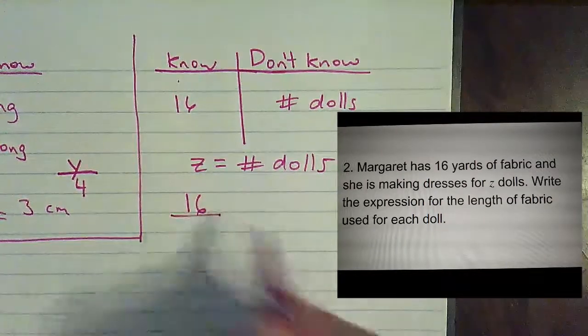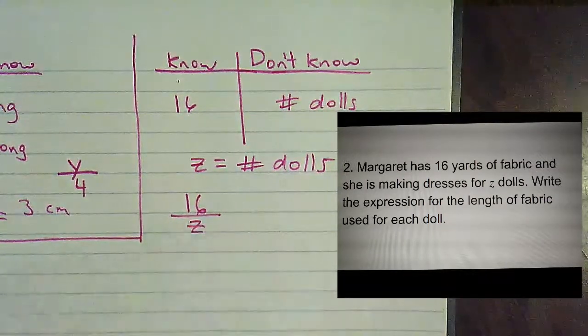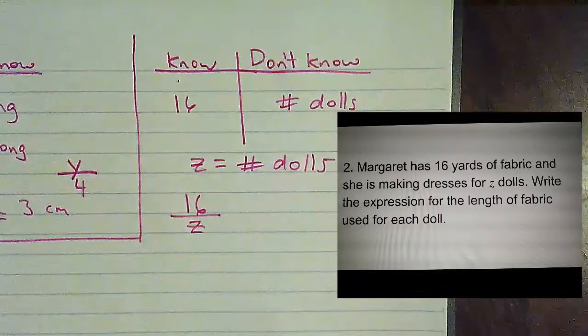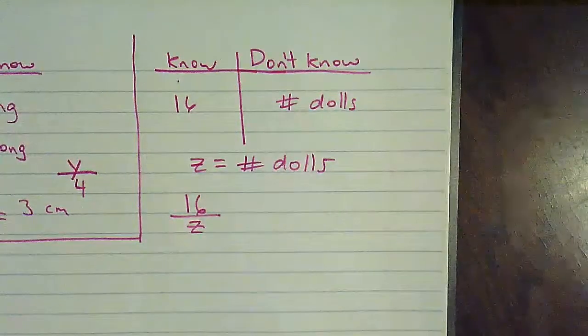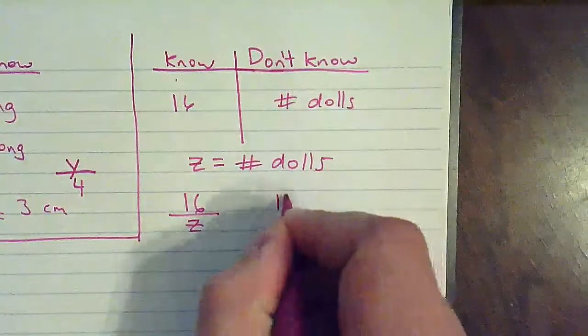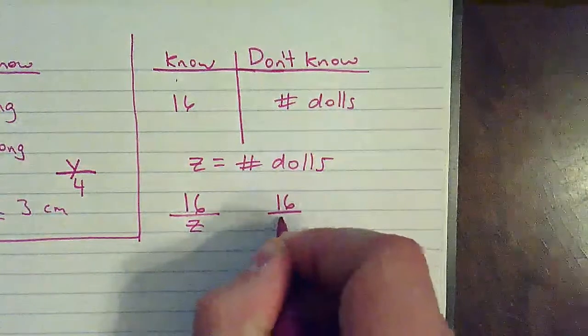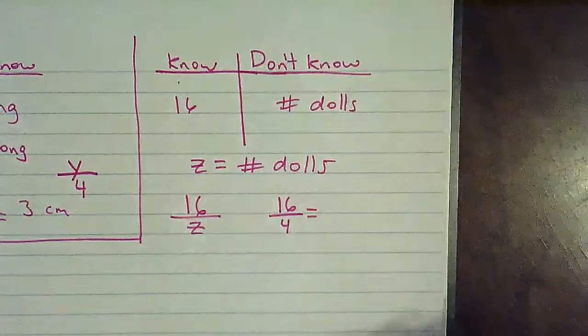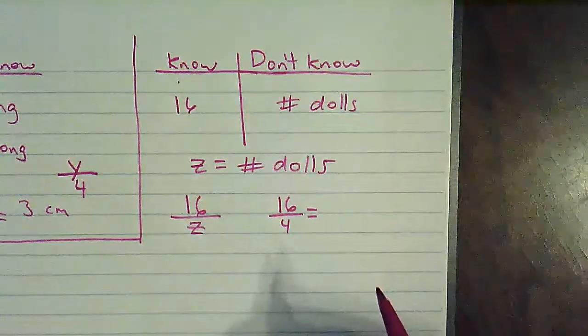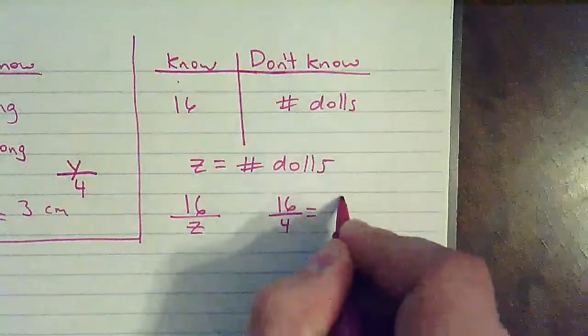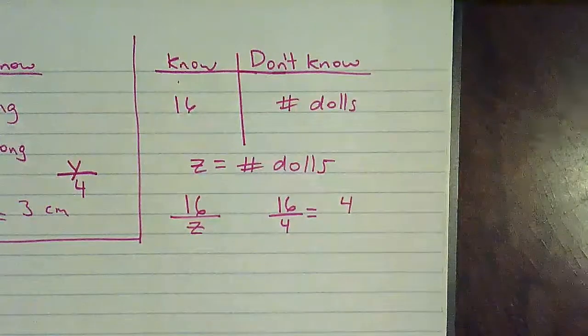So our unknown is going to go on the bottom. And the way that would work is if, say, there are 4 dolls, we would replace Z with 4 and then divide. So 4 goes into 16 how many times? That's right, 4. Okay.